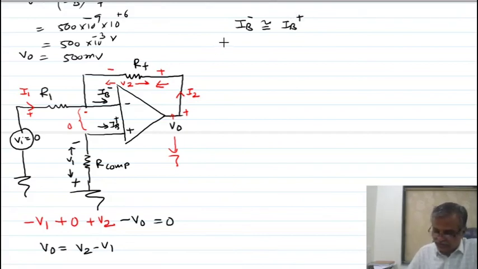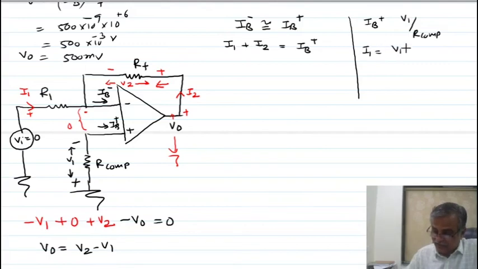IB minus is nothing but I1 plus I2, and this is equal to IB plus. See all the derivation. IB plus I can write as V1 upon R compensated. I1 I can write as V1 upon R1. I2 I can write as V2 upon RF. It's very simple.